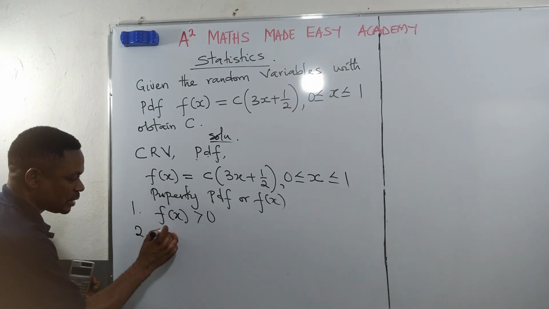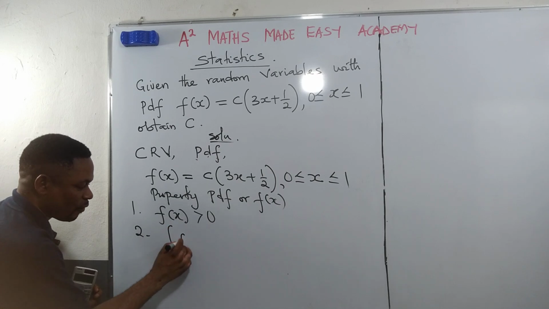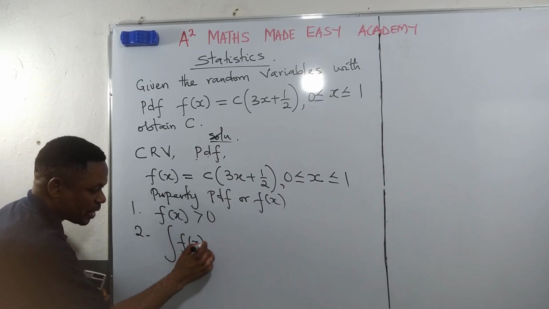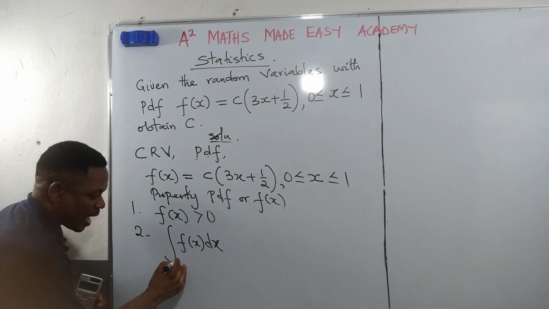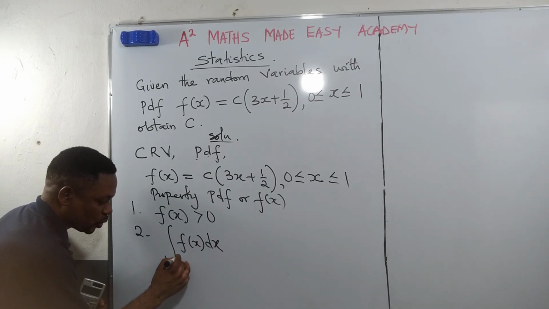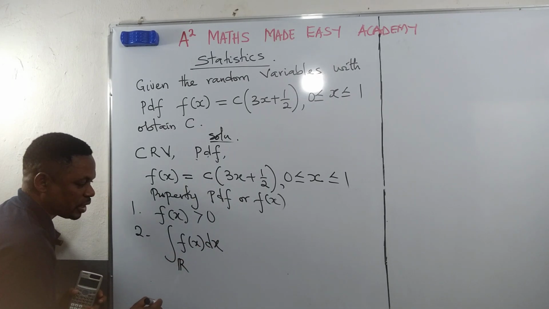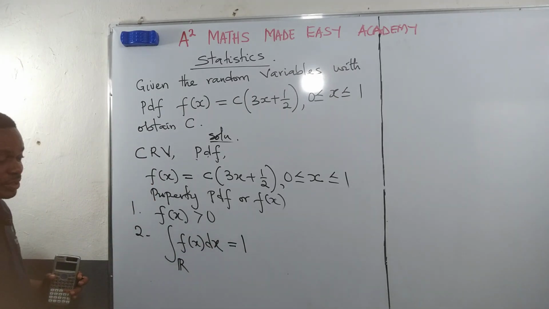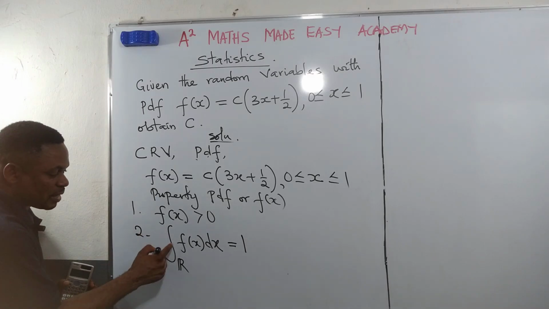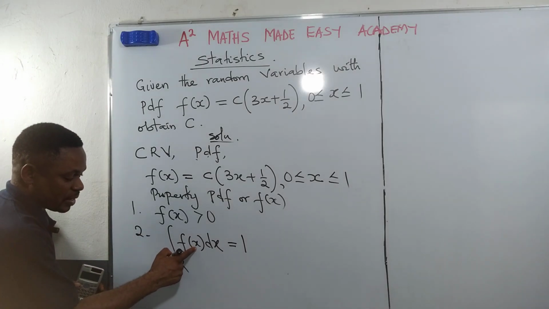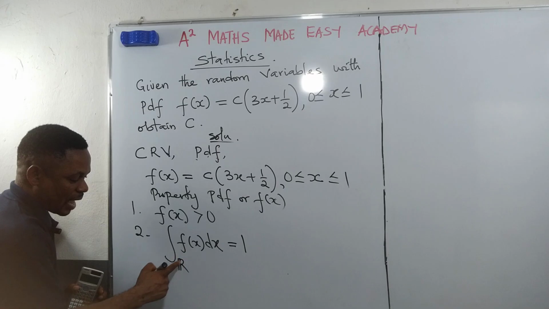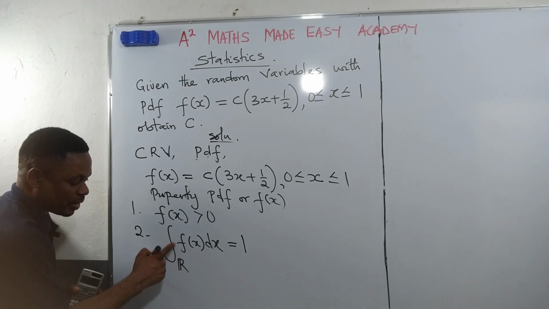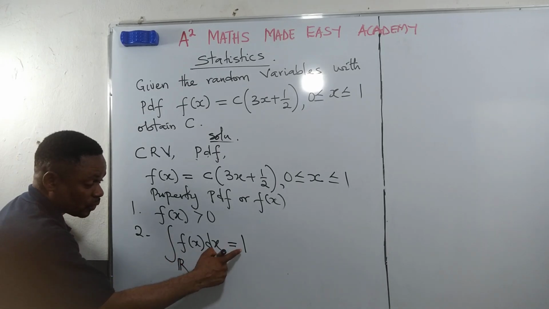Then number 2 is this. Integral of f of x dx, as x is bounded by real numbers, is always equal to 1. Am I communicating now? I repeat, integral of f of x dx, bounded by a real number, is always equal to 1.